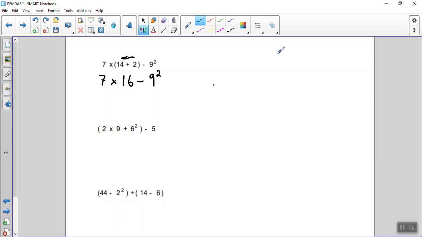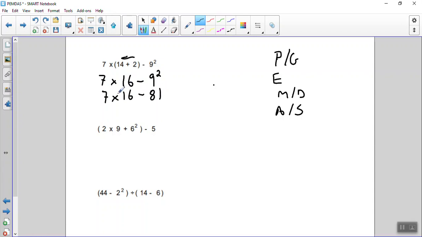Again, now it's E. I'm going to write it here. Now we look for exponents, and we have an exponent, so we need to take care of that. So we have 7 times 16, and then 9 squared is 81.